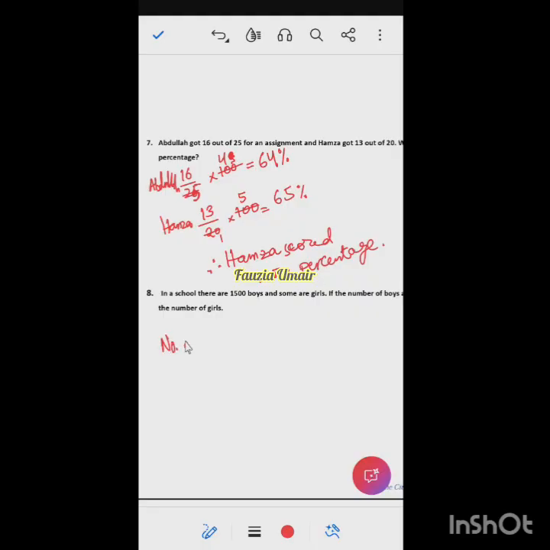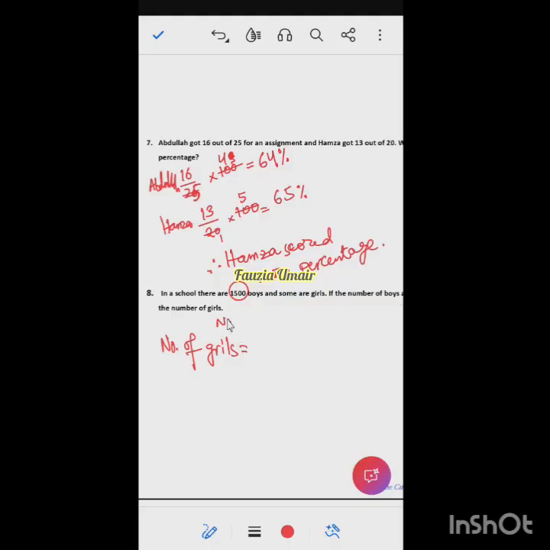First we have to know the total number of girls and boys in the school. That is given now. This is 1500. But the question says just the boys are 75%.